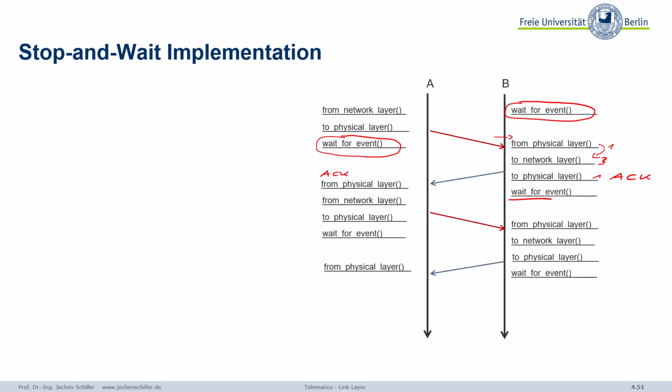And you see, you will not forward the acknowledgement to the higher layer. This is something layer 2 handles. You get it from the physical layer and it stays there. Then you can continue forwarding data from layer 3 to layer 1, and you wait again, etc. So that's a simple example of how you can implement this very simple stop and wait.